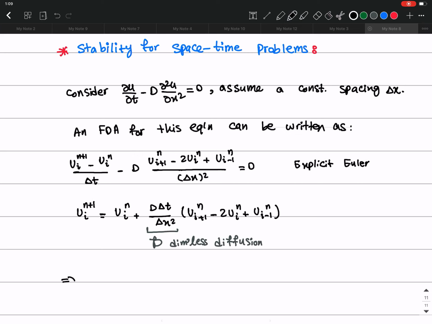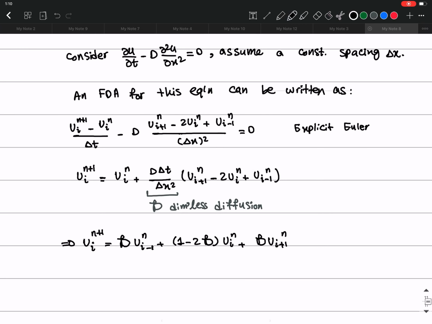And so I can write u_i at n plus 1 equals d u_(i-1) at n, plus (1 minus 2d) u_i^n, plus d u_(i+1)^n, where d is the dimensionless diffusion. Okay, so this is the equation we have.